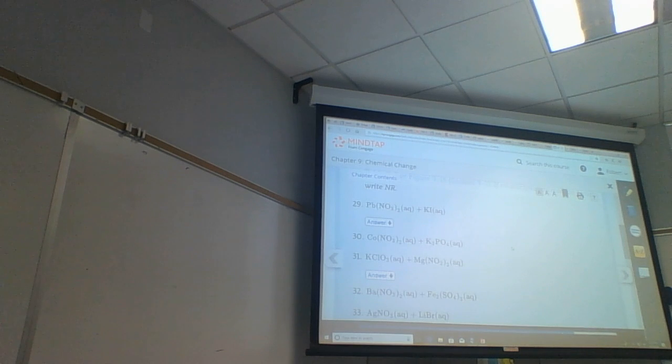And so what does this form? Potassium nitrate and lead iodide. Yeah, lead 2 iodide, PbI2, and KNO3. Okay, is there a driving force?